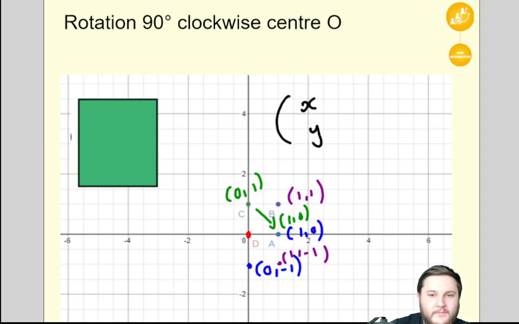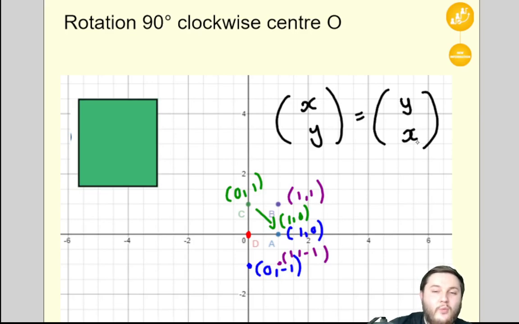So that holds true, right? You take a coordinate, and the transformation 90 degrees clockwise is you swap them over, so it now becomes y, x. But what is now the y-coordinate, which used to be the x-coordinate, is now negative. So that's what's happened here. To go from 1, 0 to 0, minus 1, you've flipped the x and y coordinate, and then you've changed what is now the y-coordinate, but what was the x-coordinate, negative. So what matrix is going to give us this transformation then?